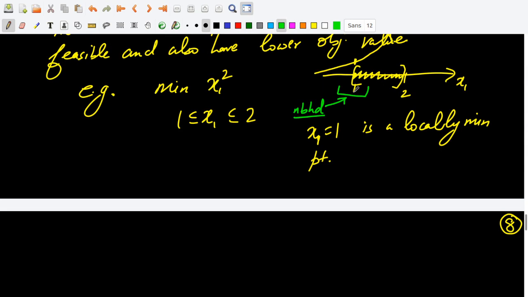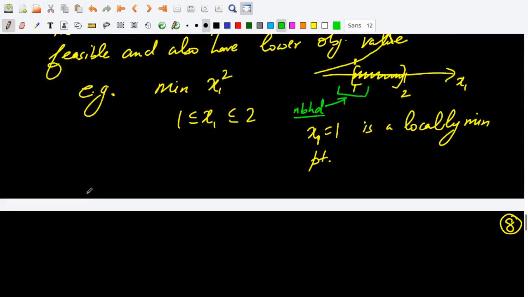So let's come to some of the transformations which allow us to model constraints which are not really in the form that we had written earlier.